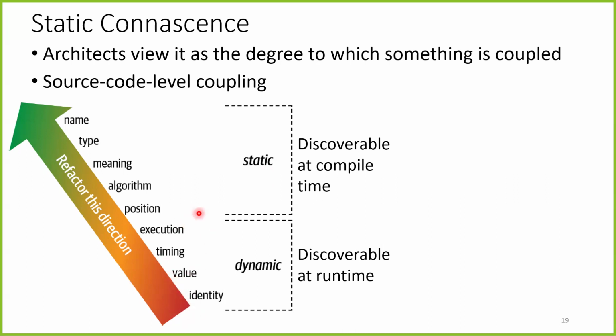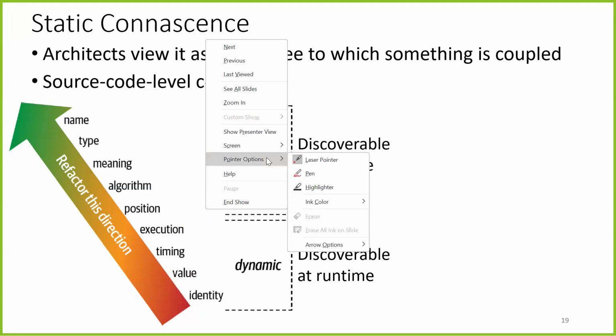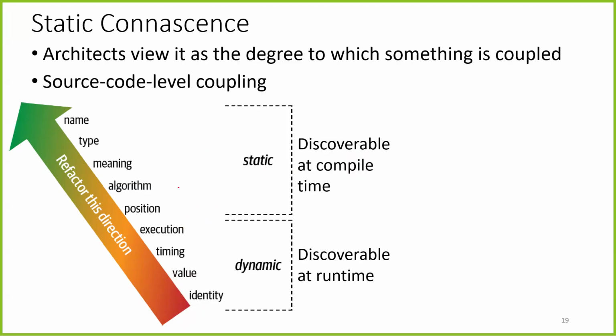But what we really try to do when we are working on the coupling of our components is to stay in the static connaissance area, so that at compile time, when we are checking our code, we can see the dependencies between components and fix things when something is modified. We can control the ripple effect. We can go to all the modules and update the things that need to be changed.